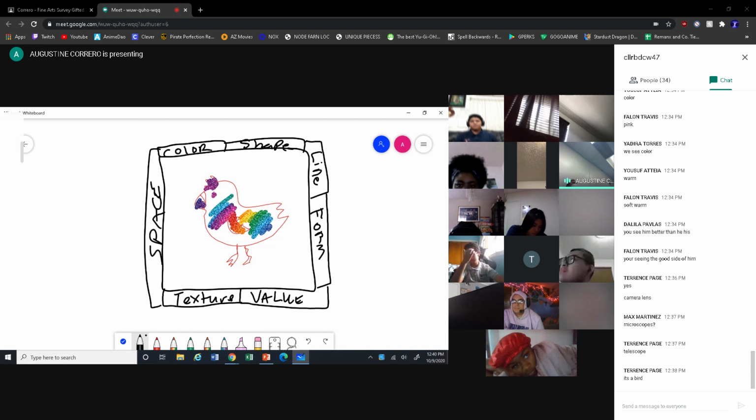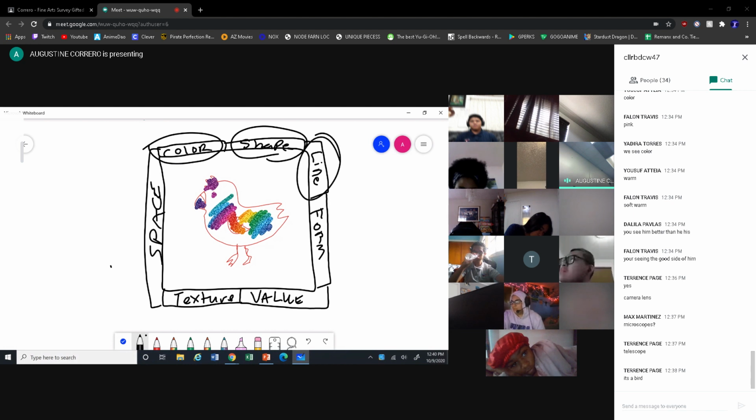I want to think about this bird from an artistic lens. I'm using an artistic lens to look at this bird. So I want to be able to comment on this bird picture by its use of space, color. Is there a shape? How do I use line? Is there any form? No. Are there values of color and things like that?